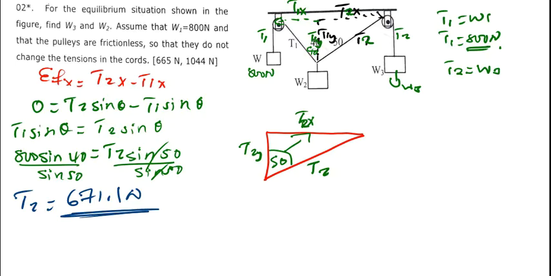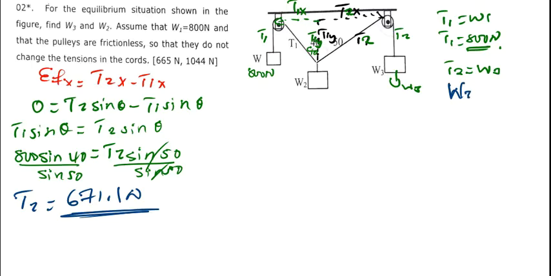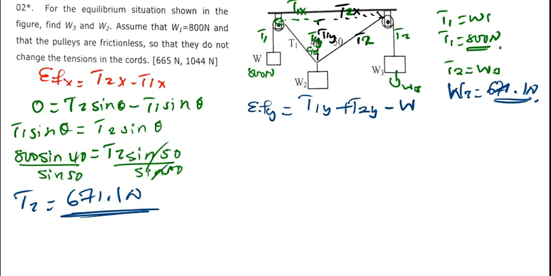Now for me to find the other one, the W2, so now T1 is the same as it, so meaning that W3 is now 671.1 newtons. It's basically the same thing. So the summation of forces in y direction, it will be T1y plus T2y minus W3. This will be replaced by 0. Now this is going to be adjacent over hypotenuse, which is cos, if I use those angles.